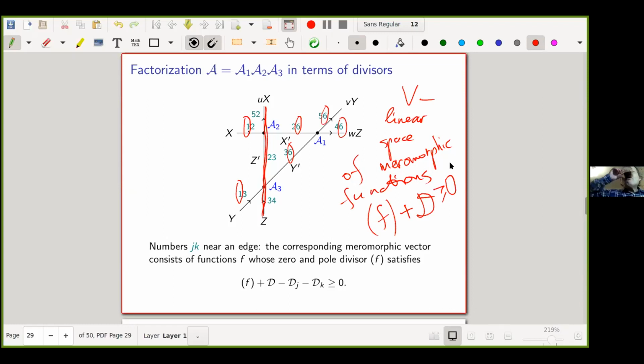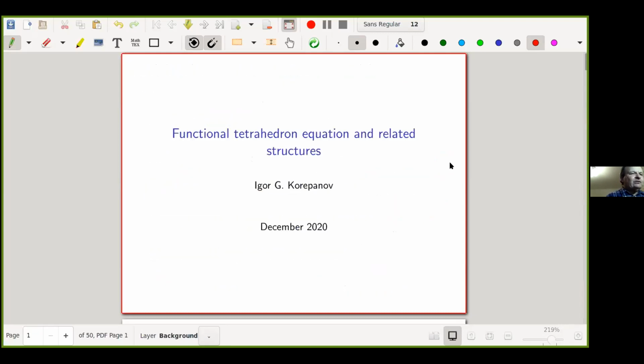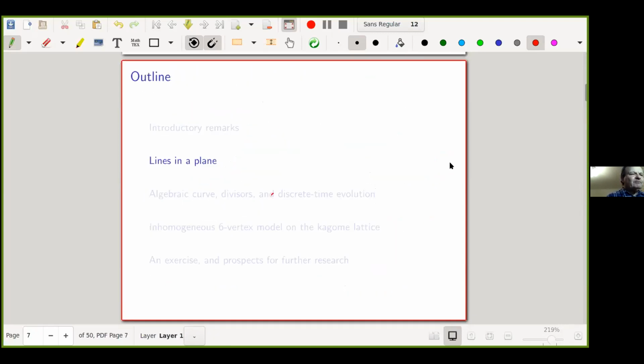And what I wanted to say here is that this picture about divisors fits very well in my more general picture that was in the beginning of my talk.